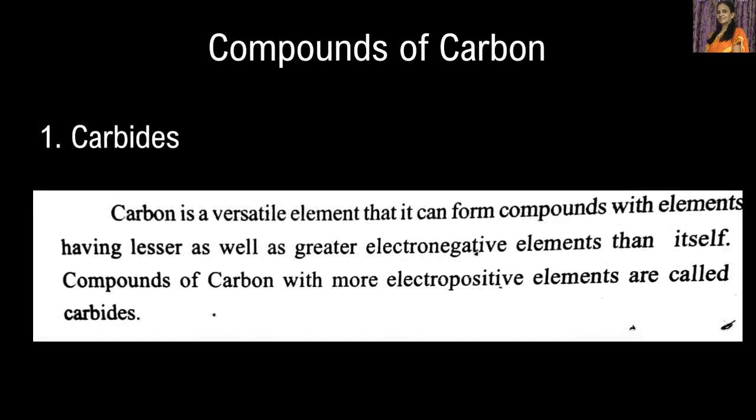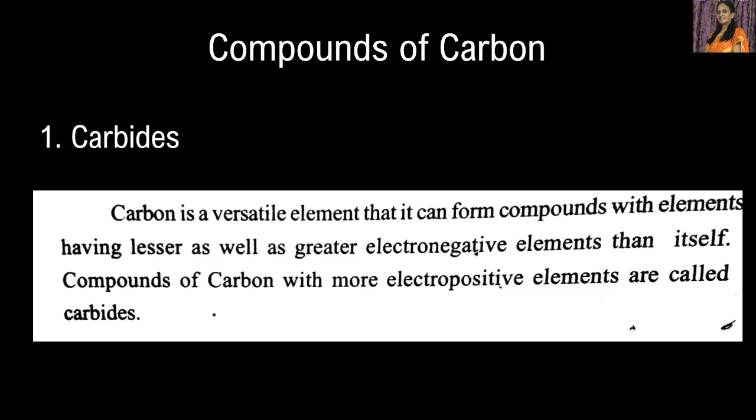Next, let's discuss the compounds of carbon. The first one is carbides. Carbon is a versatile element that can form compounds with elements having lesser as well as greater electronegativity than itself.